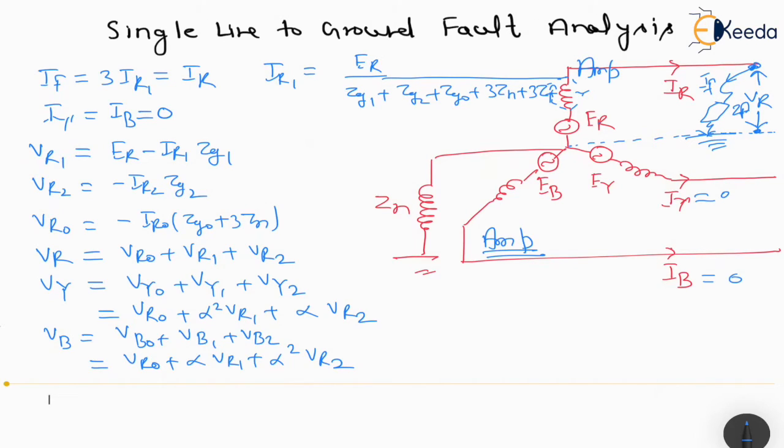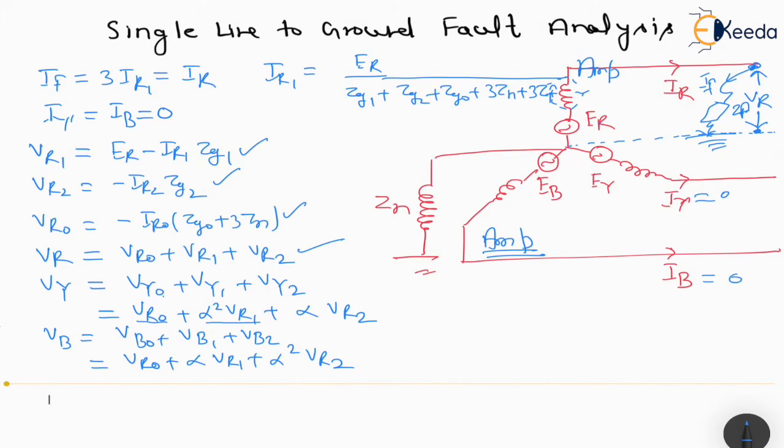So guys, you can see easily, if we have calculated the value of IR1, IR2 and IR0 first, then easily we can calculate the value of VR1, VR2 and VR0. Then we can calculate the VR phase. Then we can calculate the VY phase. We do not have to calculate again in Y phase. What we have done is we have taken the help of VY0 equal to VR0, VY1 equal to alpha square into VR1, and VY2 equal to alpha into VR2.